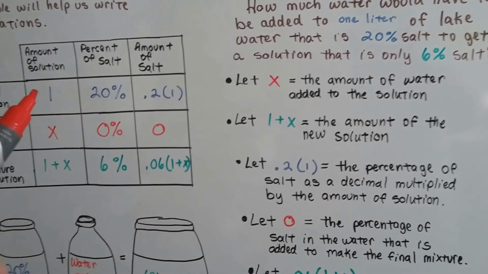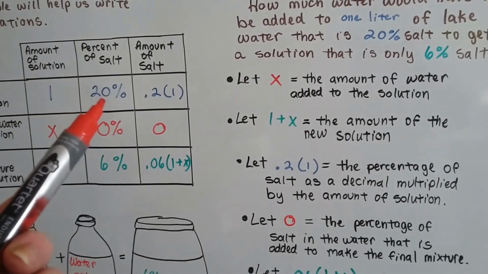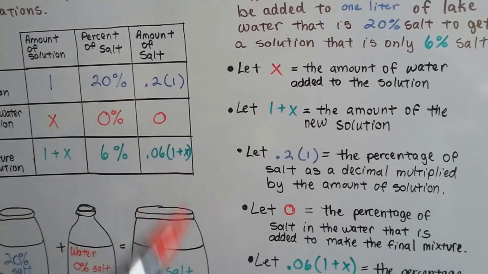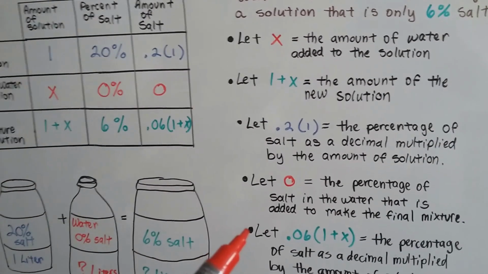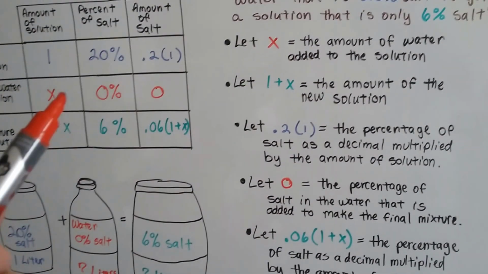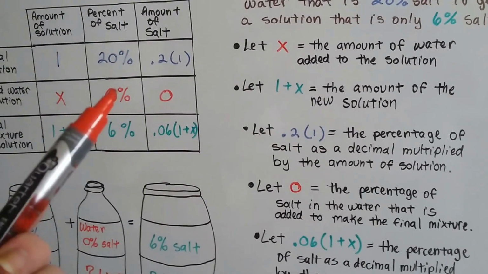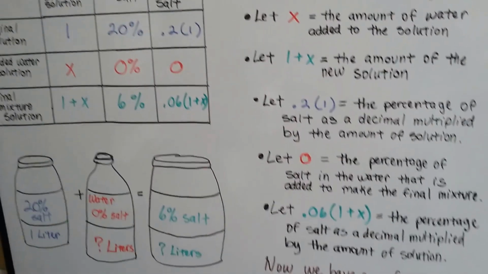So this is 1 liter times 20%, and 20% is written as a decimal as 0.2. We're going to let 0 be the percentage of salt in the water that is added to make this new solution. So this is the clean water.